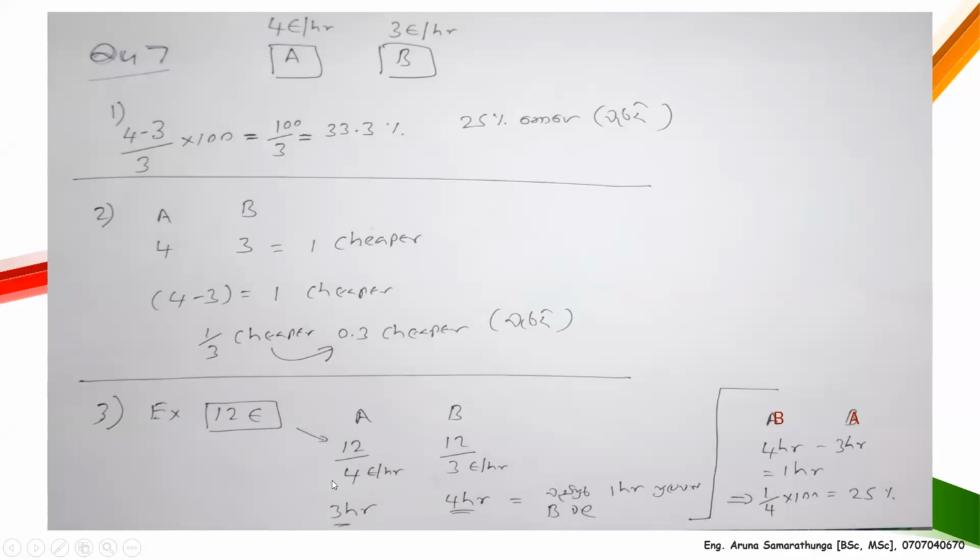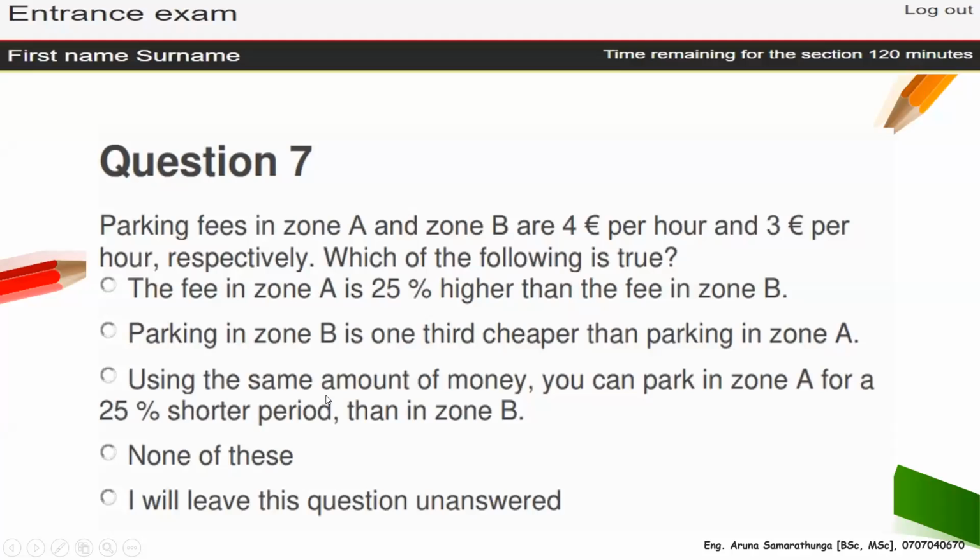Now what they are asking is, using the same amount of money, 12 euros, you can park in zone A for 25% shorter period. Again you have to take the percentage.